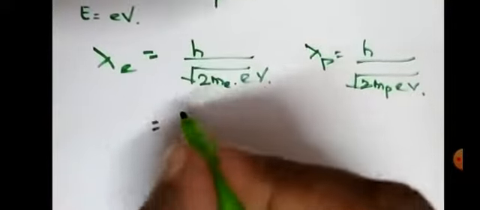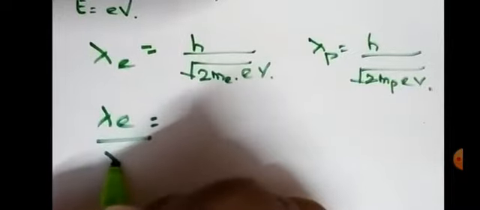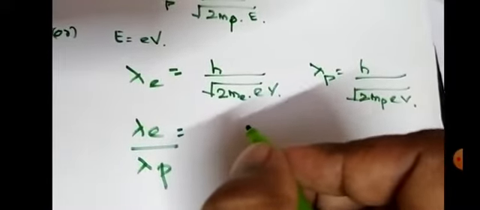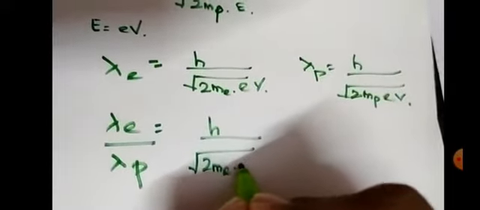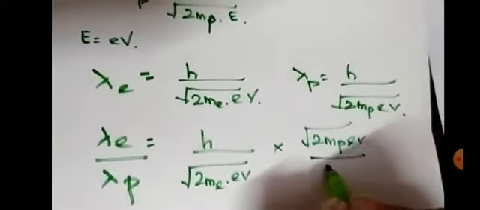So now the ratio can be written as lambda E divided by lambda P, which is h divided by square root of 2 me eV, into square root of 2 mp eV divided by h.